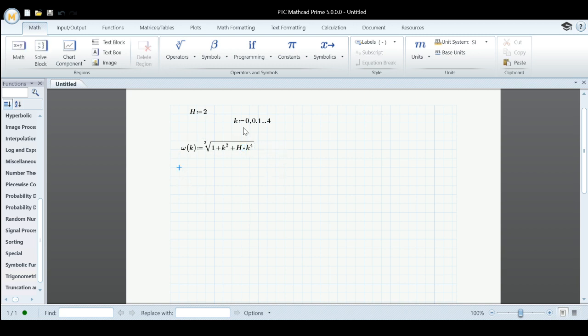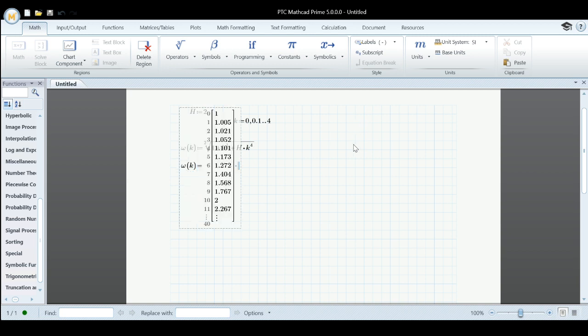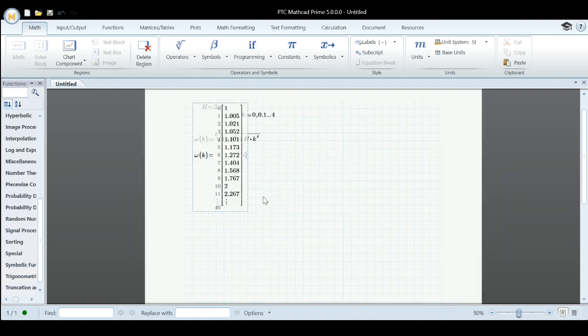Now I am not doing it again for k. Now I will just write here. If you want to escape that, I can copy here. Okay. It's better if you just do it like this. Omega, bracket k bracket close, equal to.